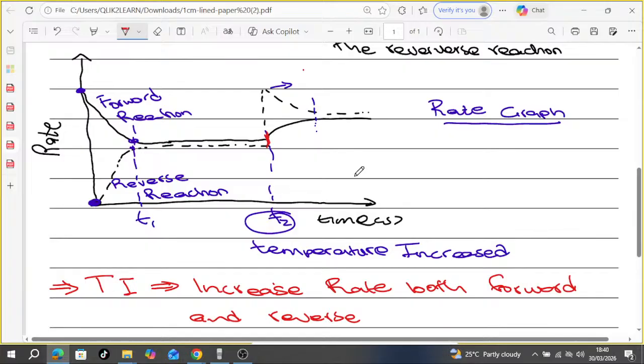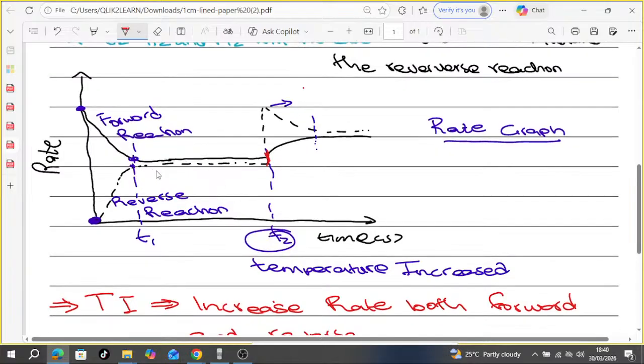Look at this graph. The reverse reaction was below the forward reaction. But immediately we increase the temperature, the reverse reaction jumps above the forward reaction. So this tells you that it's favored.